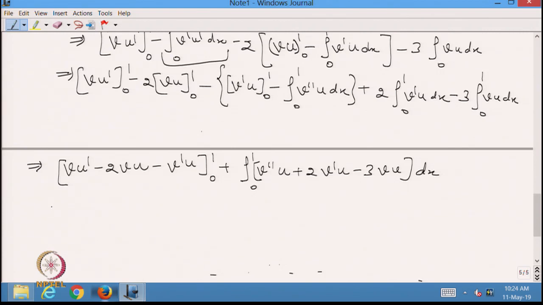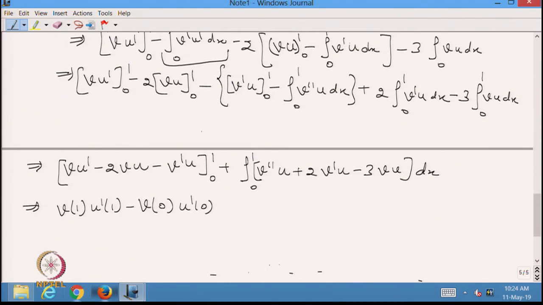Now, from here I know that u of 0 is 0 and u of 1 is 0. So, if I put the limits here, this will be 0 except only in this case. It will be v of 1 u dash of 1 minus v of 0 u dash of 0.